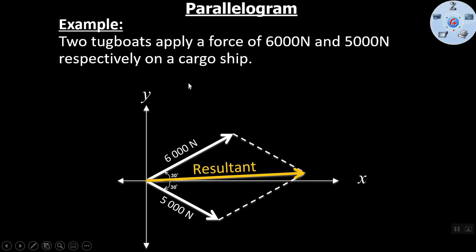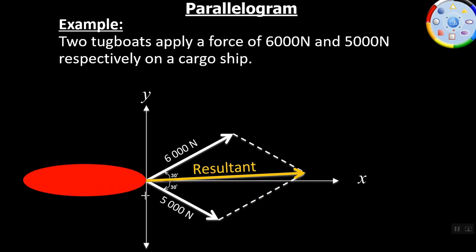So this is an example. For example, when two tugboats apply a force on a cargo ship, the one pulls, so here's my ship, let's just say my ship is over here, and one tugboat is pulling in this direction, 6,000 Newton at an angle of 30 degrees from the horizontal.